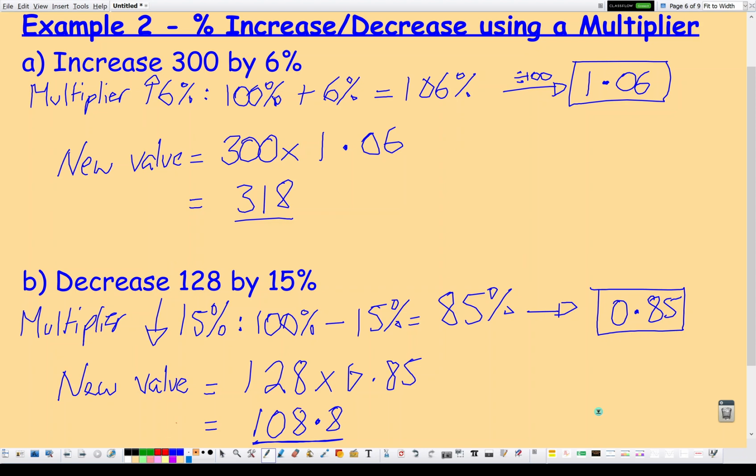One of them is an increase, one of them is a decrease, but they are both multiplying, okay? A common mistake is people see decrease and they think to divide because they automatically think that's going to make the number smaller, but it is not going to do that. When you multiply a number by something bigger than 1, it gets bigger. When you multiply something by a number less than 1, it gets smaller, okay? So it's always multiplying in your decimal multiplier. If you get that right, then you just multiply by it and that's you.